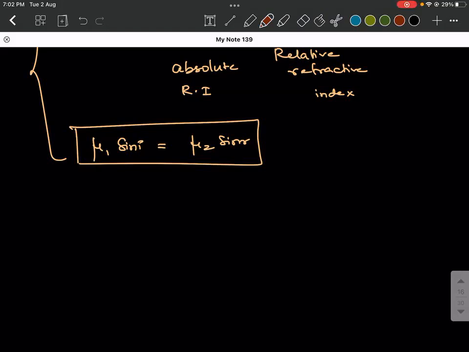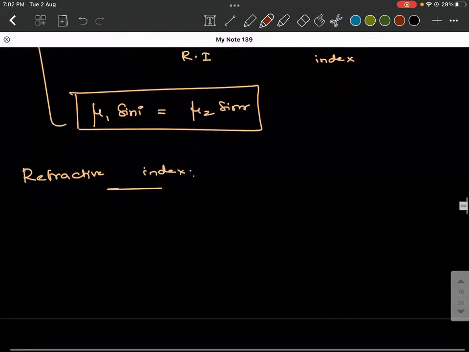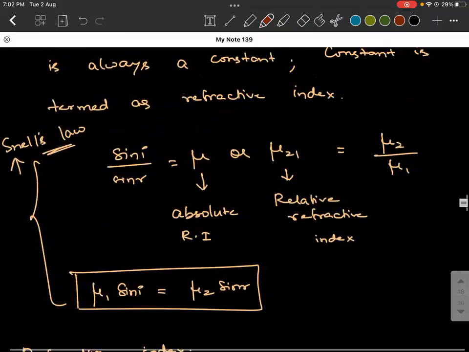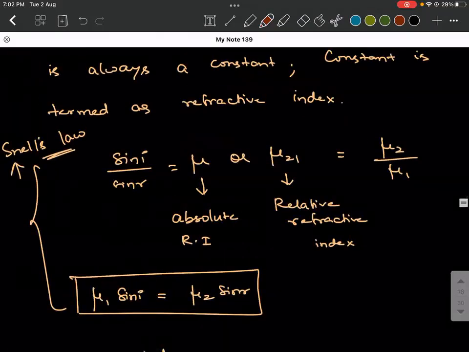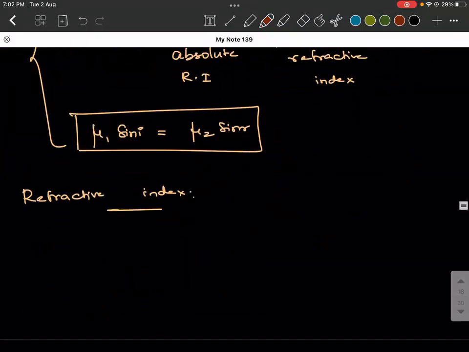Now I need to explain what is this refractive index. By the way, did you guys write down this equation? Yes. Okay. Now let's see what I mean by refractive index.